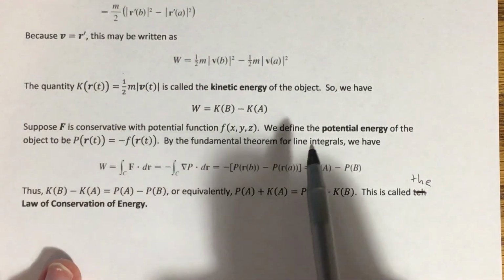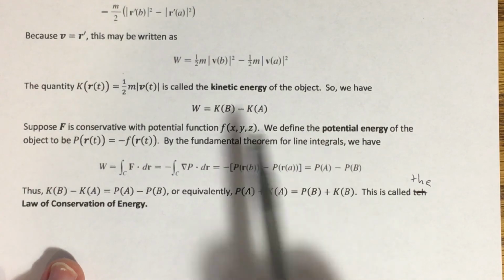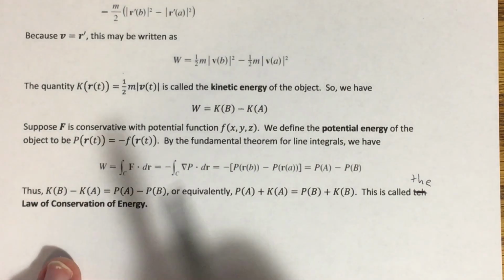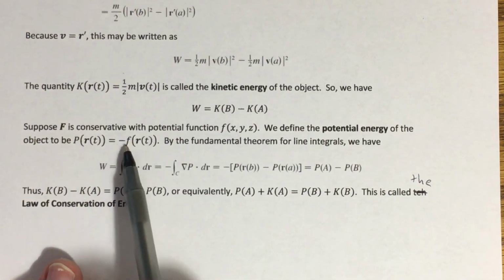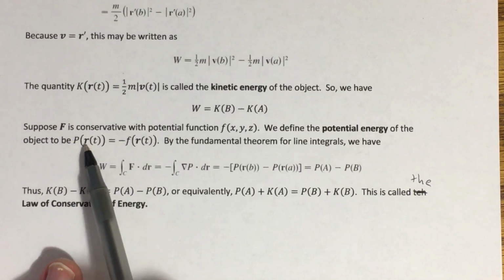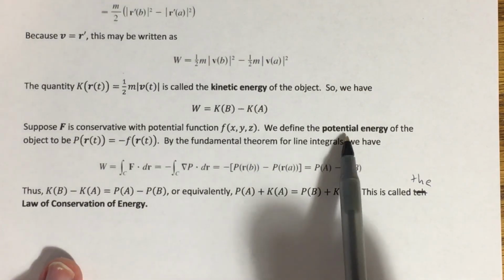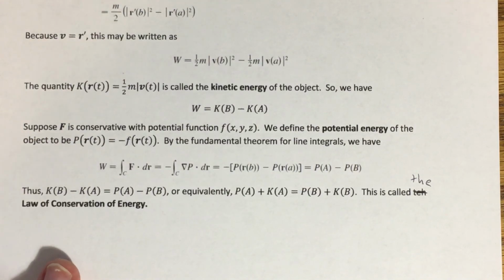Similarly, this is also the reason we call little f the potential function of big F, because it gives us, after taking its opposite, the potential energy of that object. So that's really where this terminology is coming from. It's straight out of an application from physics. Okay, that's going to be it for 16.3.